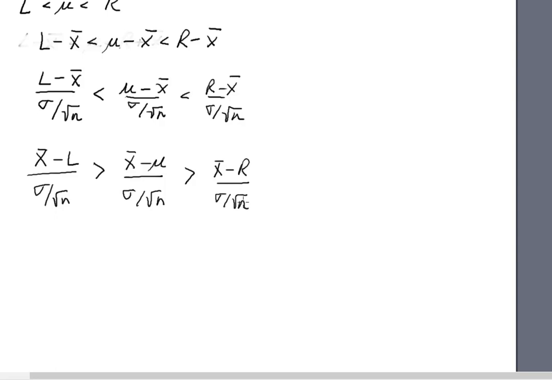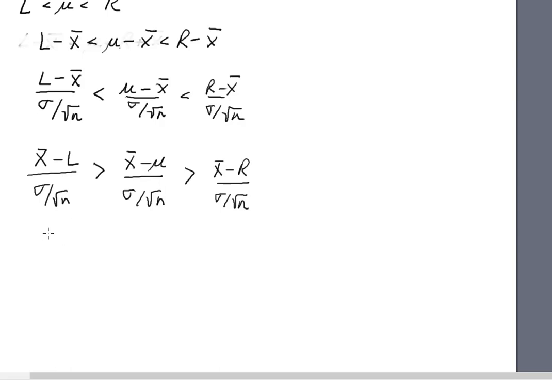Okay, so that's all correct. We're used to seeing these inequalities as a less than, but if I read this from the right-hand side to the left, I've got this quantity less than this quantity less than this quantity.